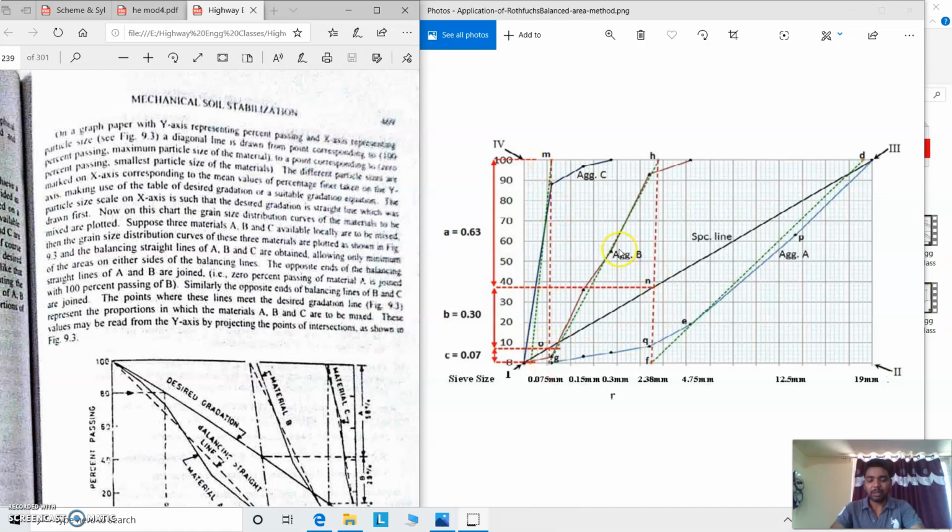Similarly, aggregate B is retained at 40 mm, again at 55 mm, and again at 94 mm. I think it may be considered 94 mm.